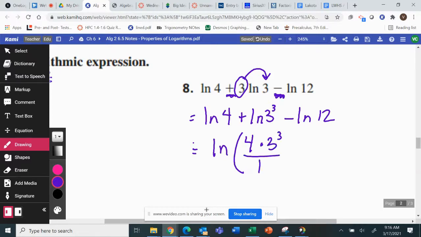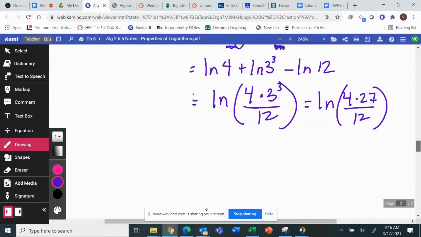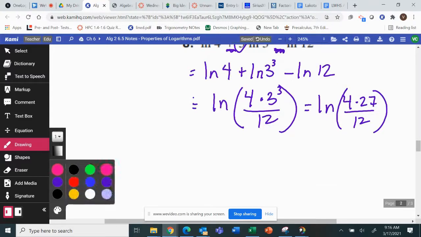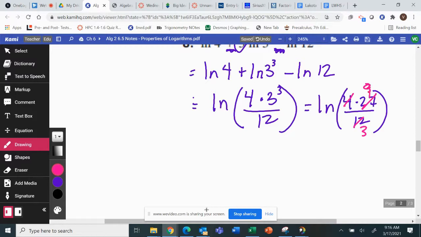On the bottom, I have a 12. So ln, I've got 4 times 27 divided by 12. I'm going to reduce the 4 with the 12. I'm going to reduce 3 with the 27, and I get ln 9 for my answer.